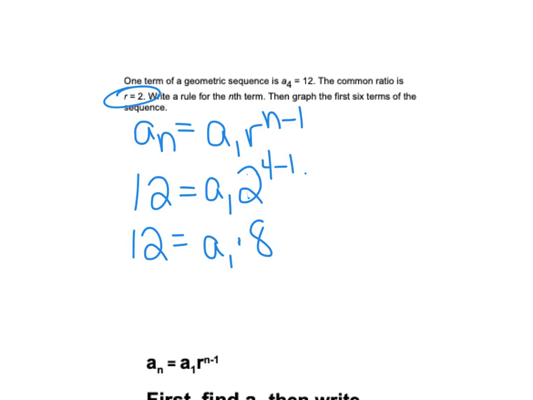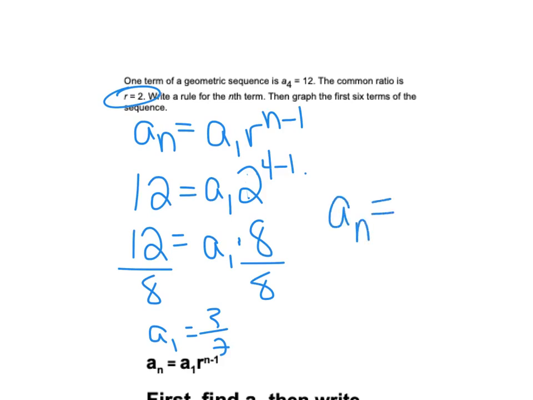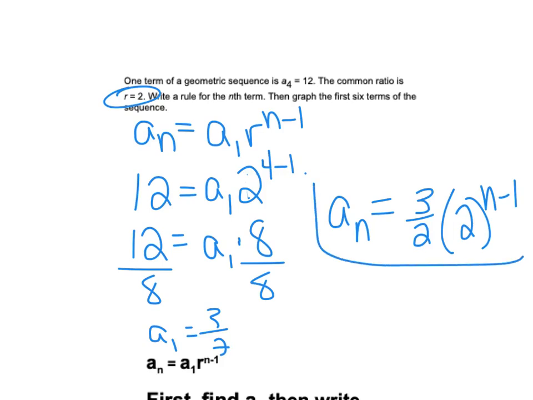In order to find a sub 1, I just divide by 8 on both sides, and I get that a sub 1 equals 3/2 if we simplify that out. So our rule is a sub n equals a sub 1, which is what we just figured out, 3/2, times r, which is 2, to the n minus 1. Again, a sub n and n minus 1 are going to be part of the rule.